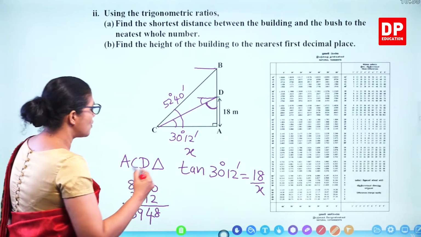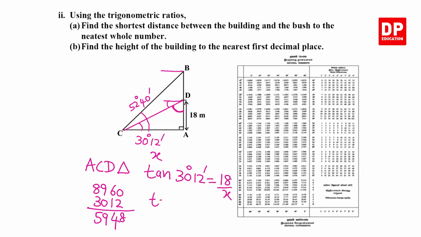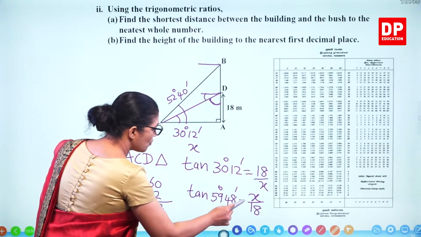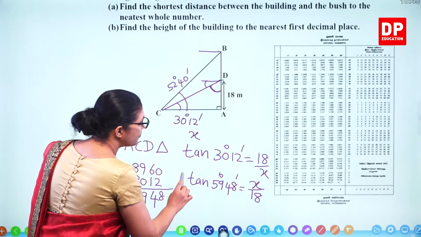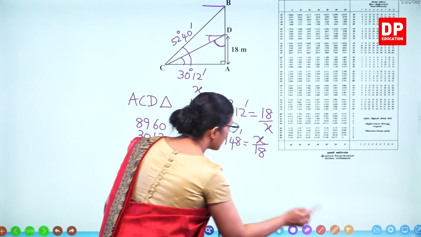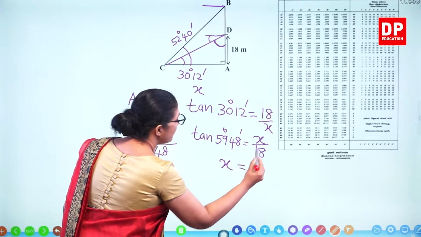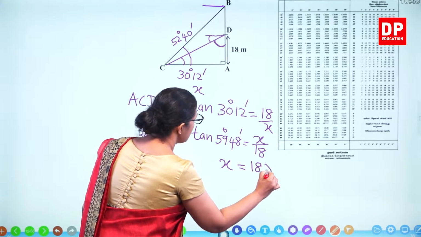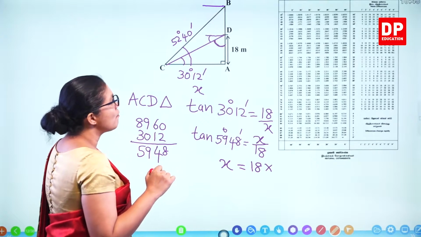Now it's easy. So I can write the same thing: tan of 59 degrees and 48 minutes. This angle is x divided by 18 now. So what is the x value? x becomes 18 times tan 59 degrees 48 minutes.